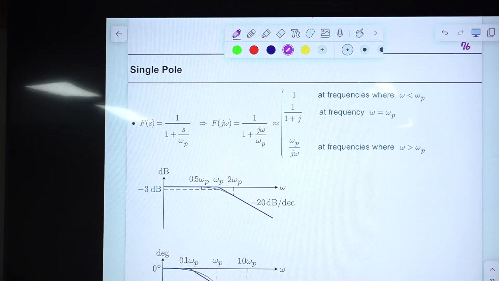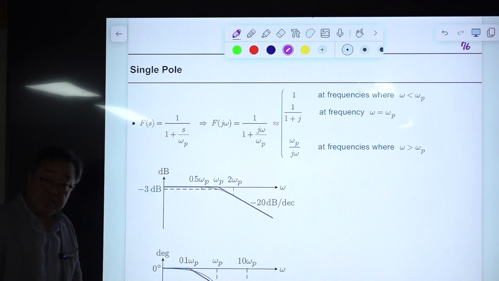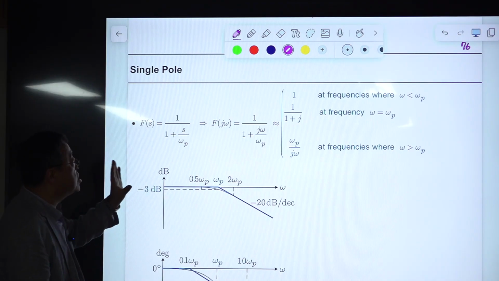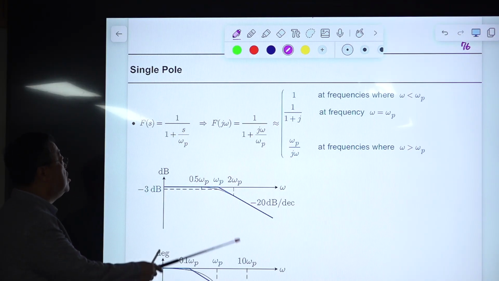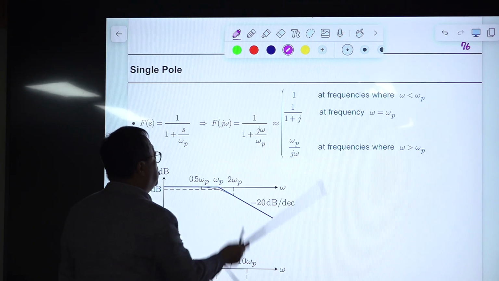And this is a single pole. Previously, we used the equation of magnitude and the equation of phase. That is the exact analysis, which is less useful than this one. This is asymptotic plot or asymptotic analysis. So we divide this frequency range into 3 subdivisions.